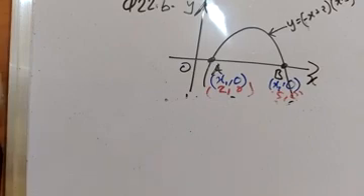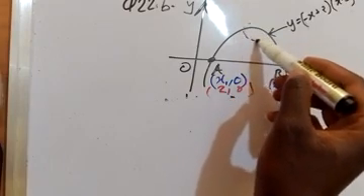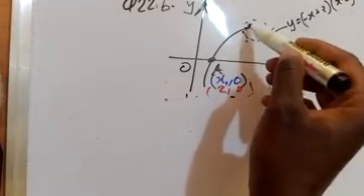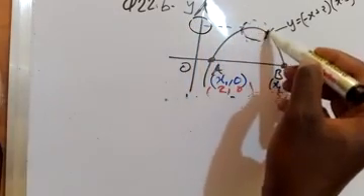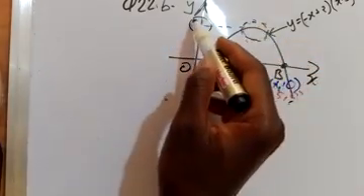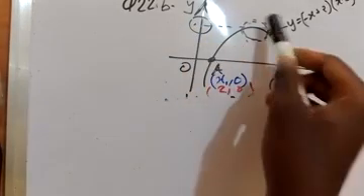So the maximum value of y is found here on the turning point. That's where the maximum value is. So it's just a number that we look for there.